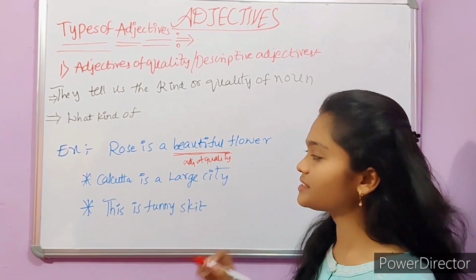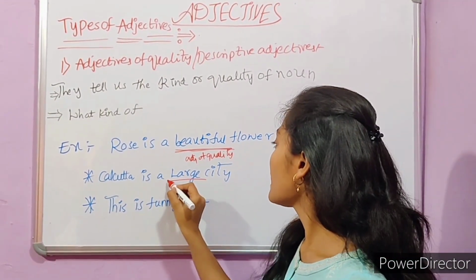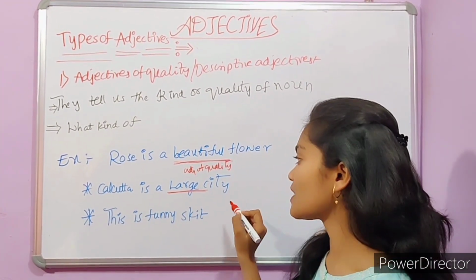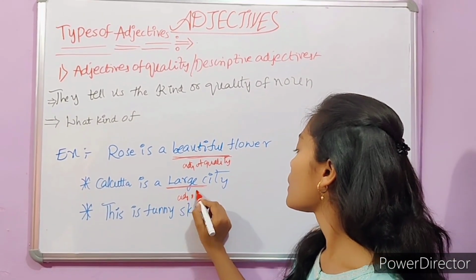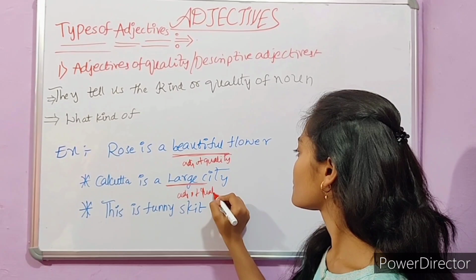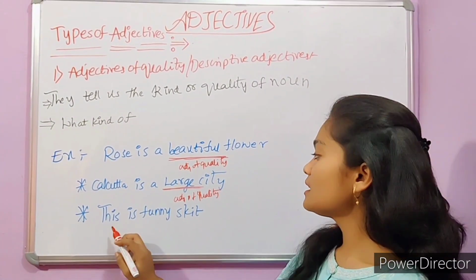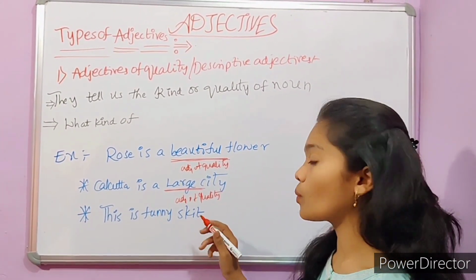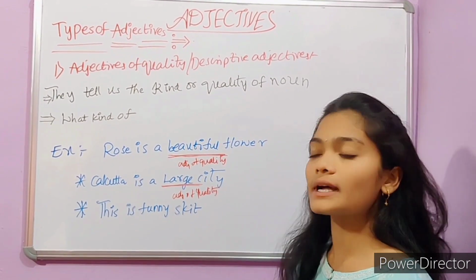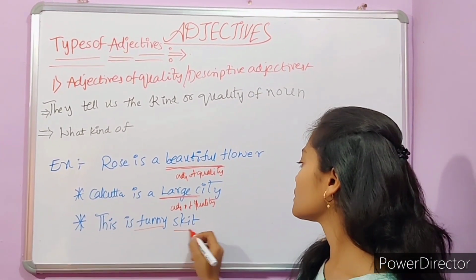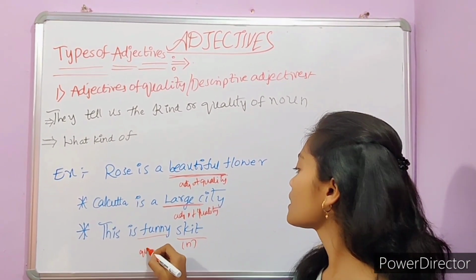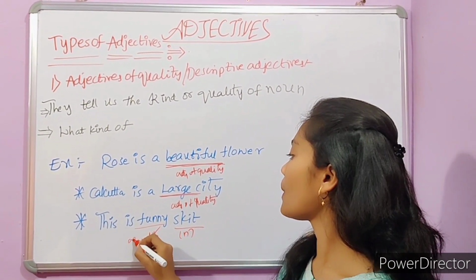Kolkata is a large city. The word large describes the quality of a city, so it is an adjective of quality. In this sentence, this is a funny skit. What kind of skit is it? It is a funny skit. This word describes or qualifies the noun skit. It is an adjective of quality.